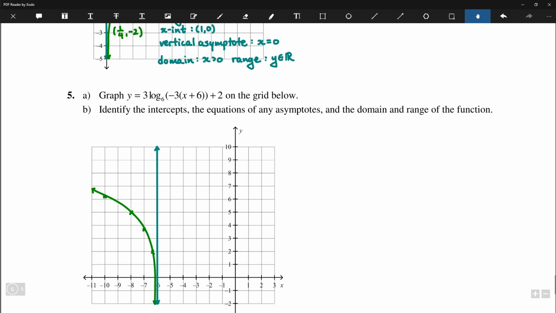Okay, so here what we can do is isolate the transformation that affects x and y.